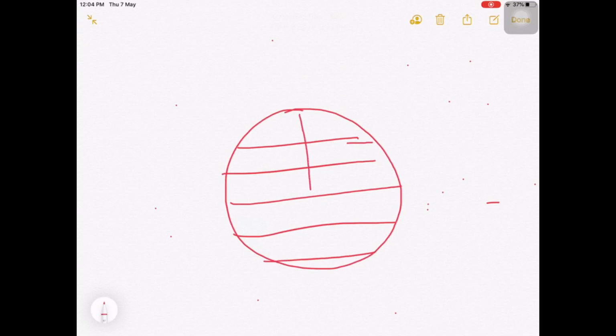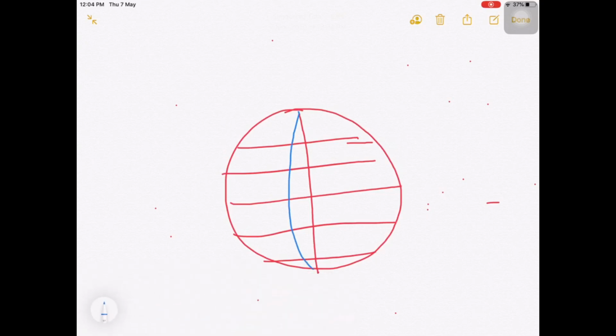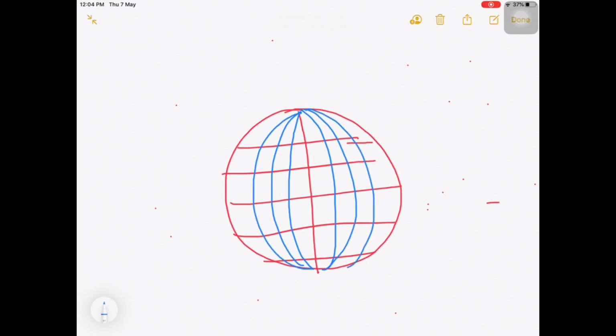Then one line in the center. Then we need to draw curved lines. These curved lines will make our longitude lines. Sorry for the drawing, but you should always draw neat and clean, because here it is not possible for me.